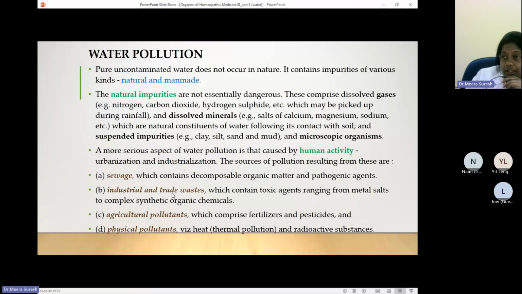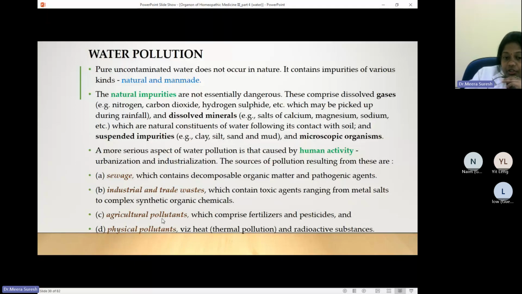But some medium class or moderate class industries may be connecting their pipes to drain the wastewater directly to some rivers or streams because of its low cost. So the industrial and trade waste, which contains toxic agents ranging from metal salts to complex synthetic organic chemicals, depending upon what the industries are dealing with, can get mixed into the water.